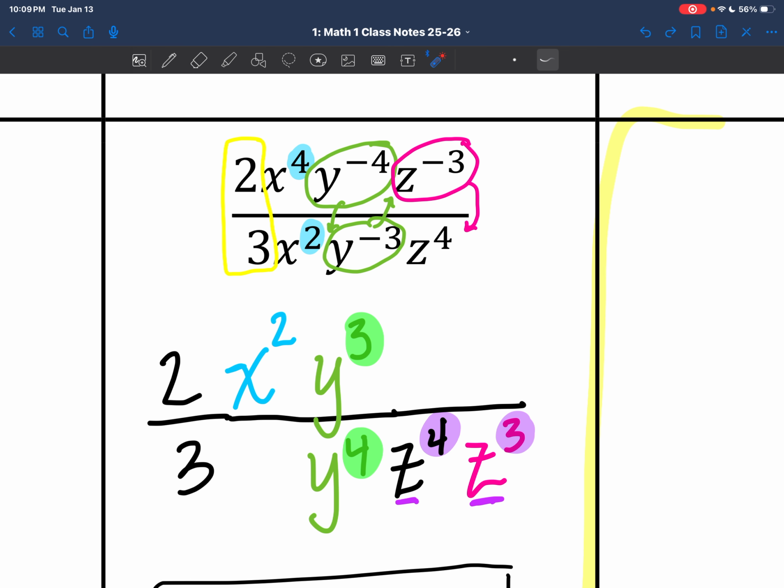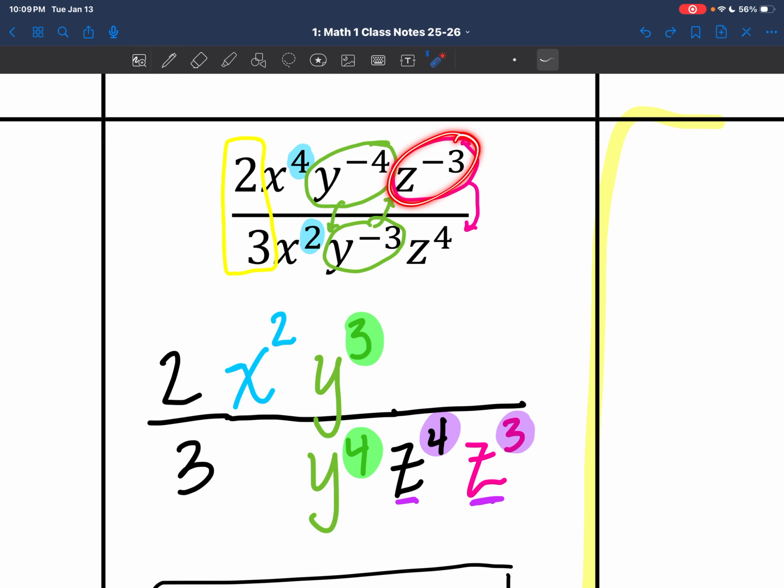So if I were to have 4 x's here and 2 x's here, you subtract. So it'd be 4 minus 2, which you have more in the numerator, so it stays there. And now that's negative, I'm moving that. So for my y's, I now have y to the positive third and y to the positive fourth.